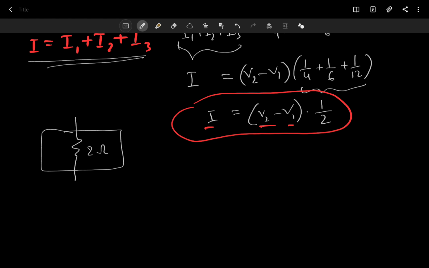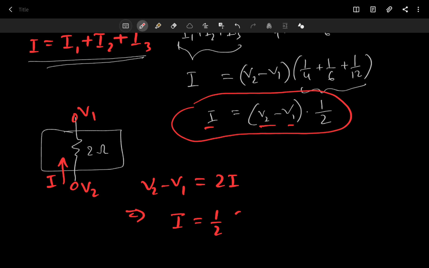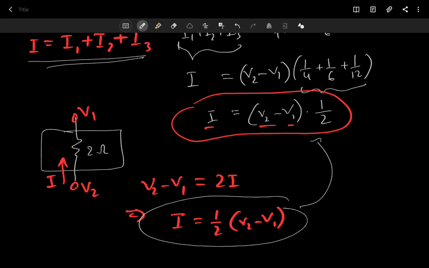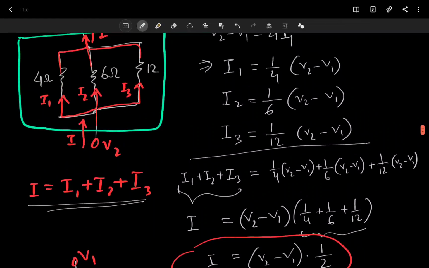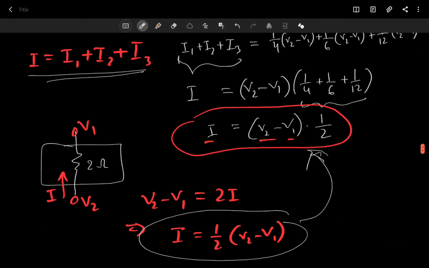Because if you look outside this box, you have V1, V2, and a current going through them, I. So you write V2 minus V1 equals 2I, or in other words, I equals 1 by 2 (V2 minus V1). So this is the exact same equation as before. So these three resistors in parallel are equivalent to just one resistor with 2 ohm resistance.